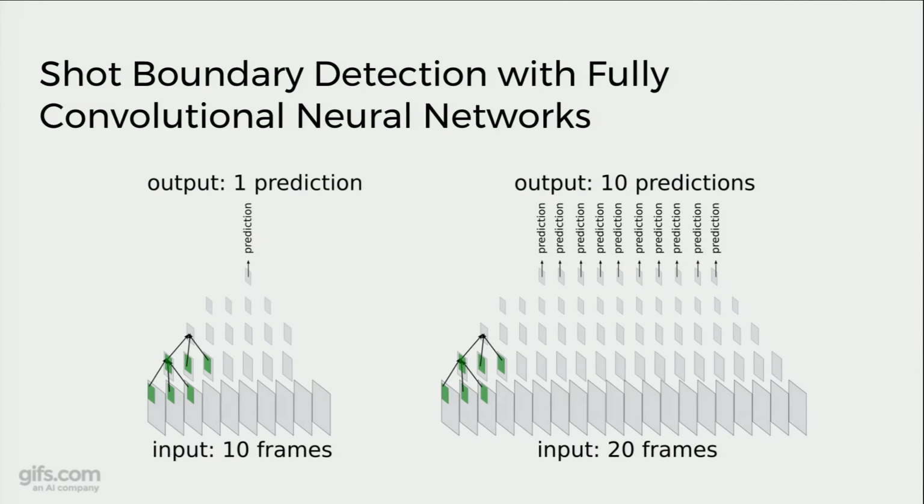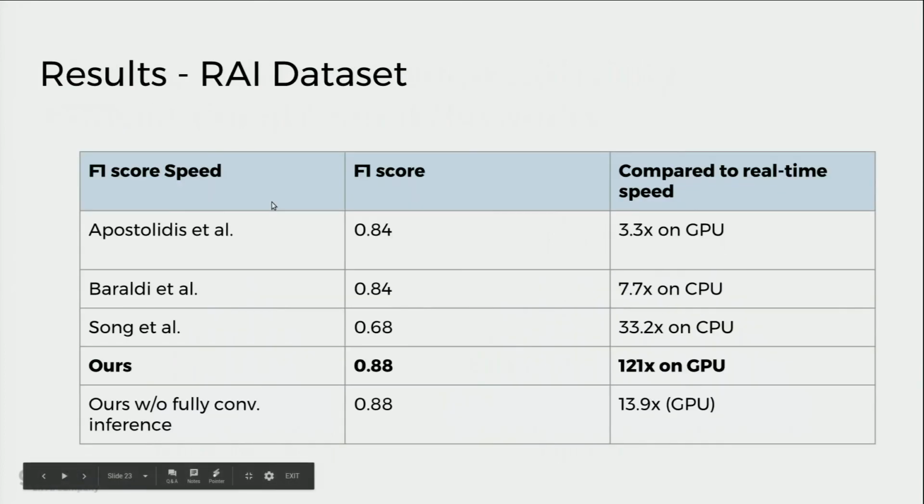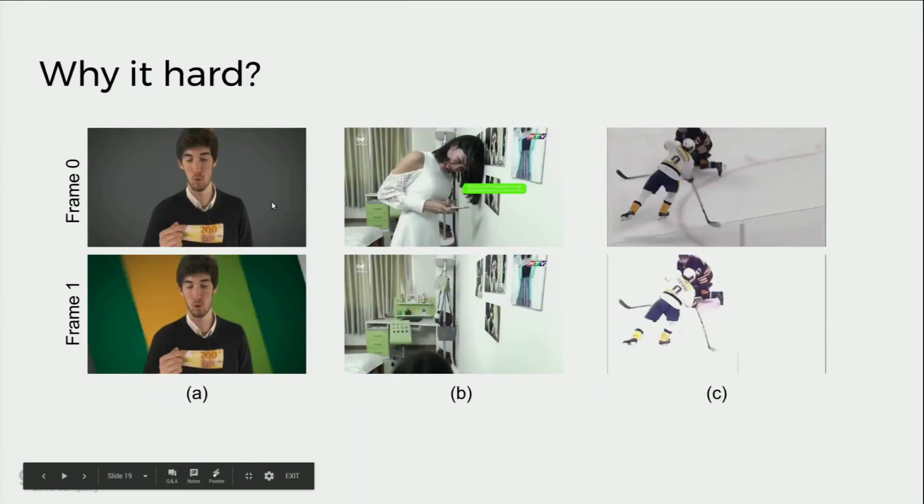In the beginning, you showed these quite special cases of shot transitions. So how well does your model perform on these special cases? Yeah, for C, we're interested in sports analysis, so it happens a lot that there are camera flashes.